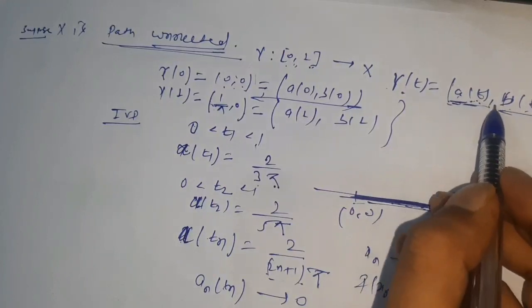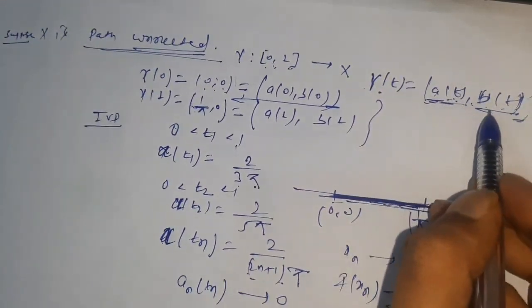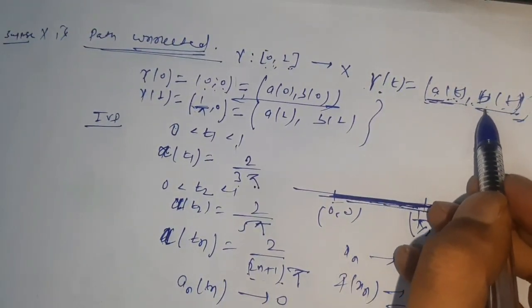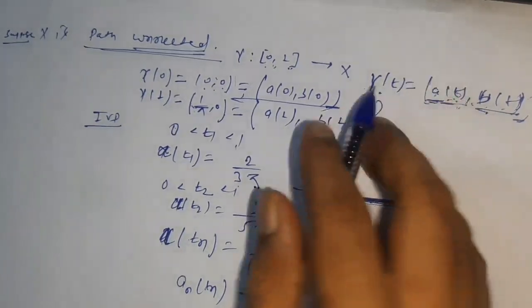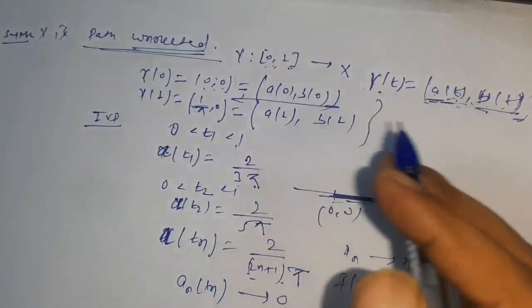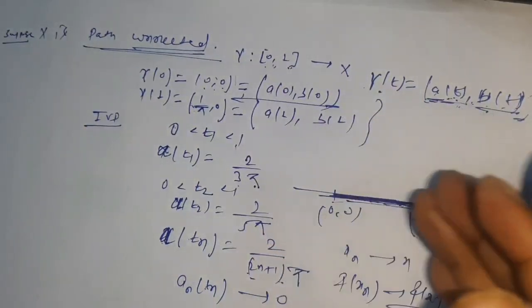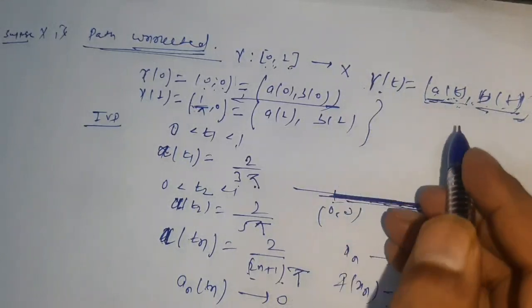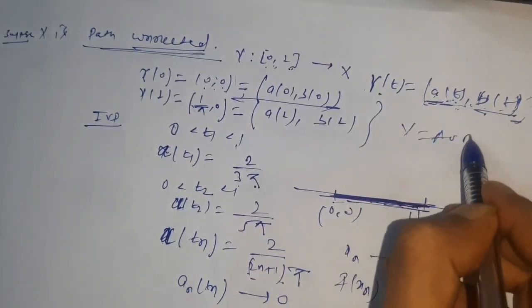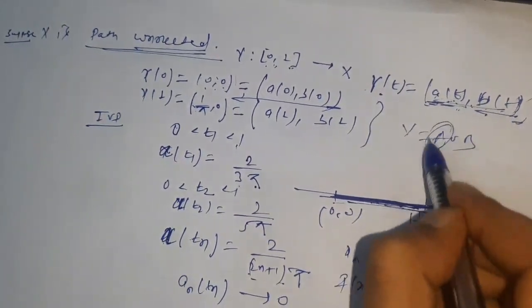This map belongs to sine 1 by x, and this belongs to the set X. Here this is a part of the right area of the y axis, so this belongs to A. We can say that X is equal to A union B, and this belongs to A.